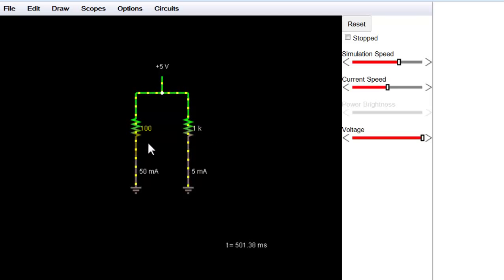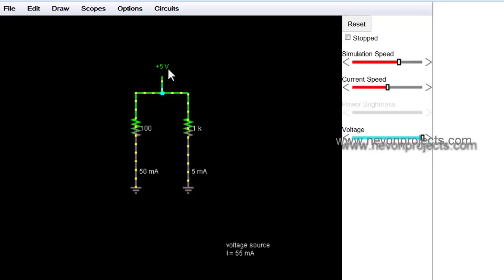So depending upon the resistor value and the potential across them, the current can be calculated using Ohm's law, that is V equals IR. As the other terminals are grounded and one terminal is connected to 5 volt, the current through the resistors can be easily calculated with the Ohm's law equation.